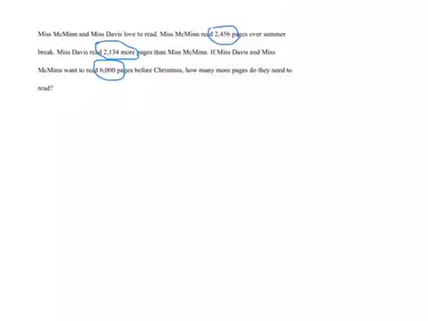Okay, the label for my answer is going to be more pages, because the question is how many more pages do they need to read?